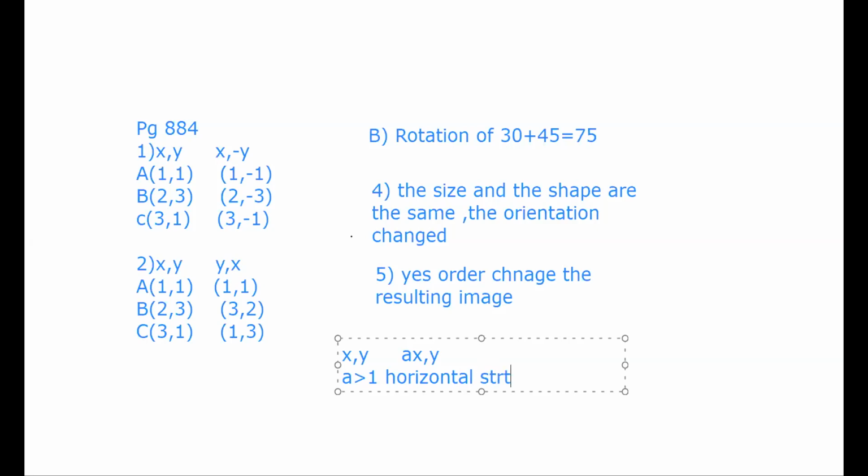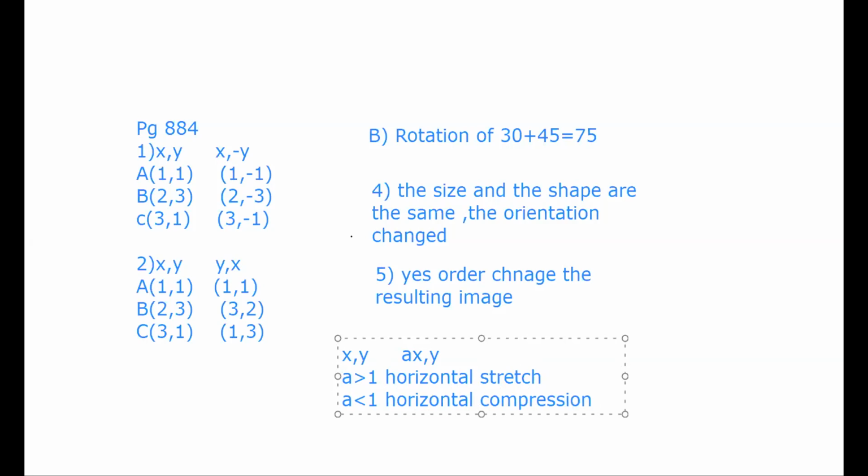We are going to write stretch. If this a was less than 1, this is a horizontal again, but this time you can write compression or shrink. I'm going to write compression. It is the same idea.